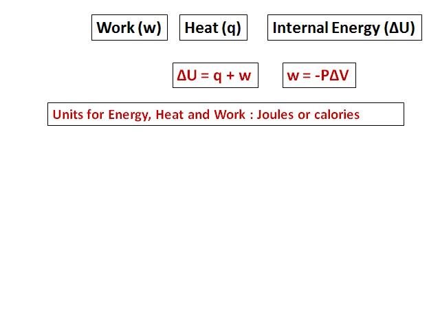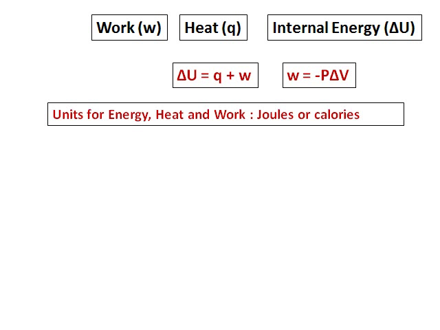And you notice that there is a negative sign in front. And the units for energy, heat, and work in this equation are joules. If you are using calories, all of them should have a unit of calories, but in general we work with the unit of joules.